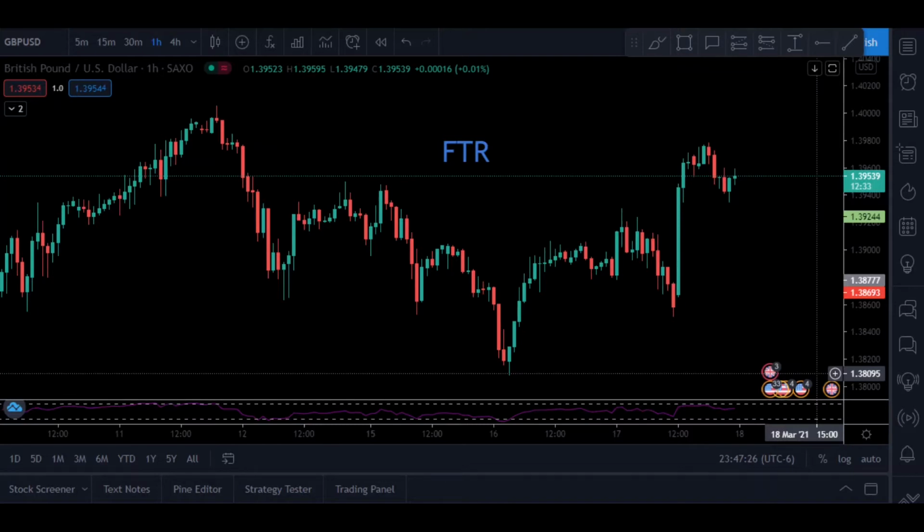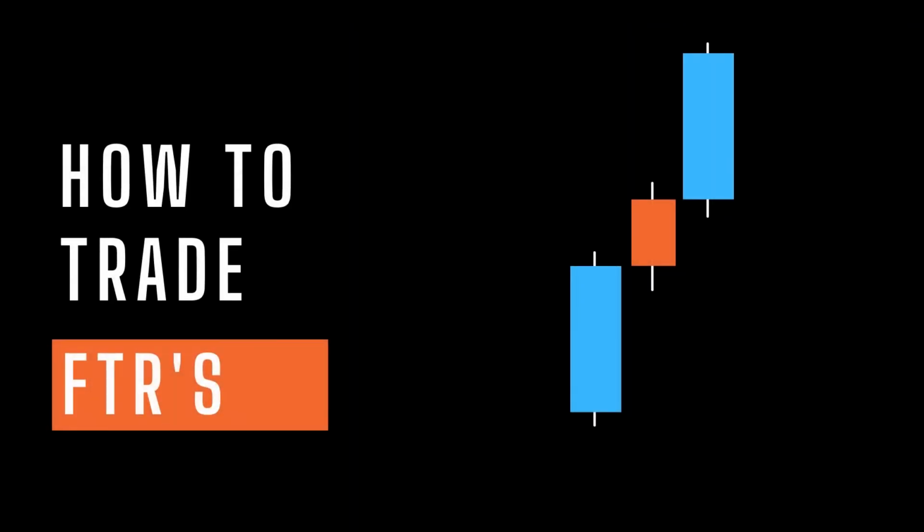Okay, so let's go. So what are FTRs? Basically, FTR means failure to return. What does that mean? Usually price is going to be trending and you will see an opposing candle closing in the opposite direction. Like here in this diagram, we can see a bullish candle, then a bearish candle, and then a bullish candle.